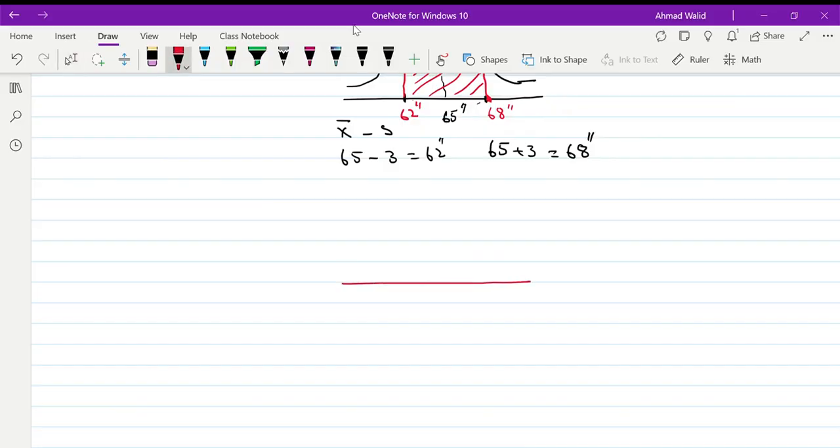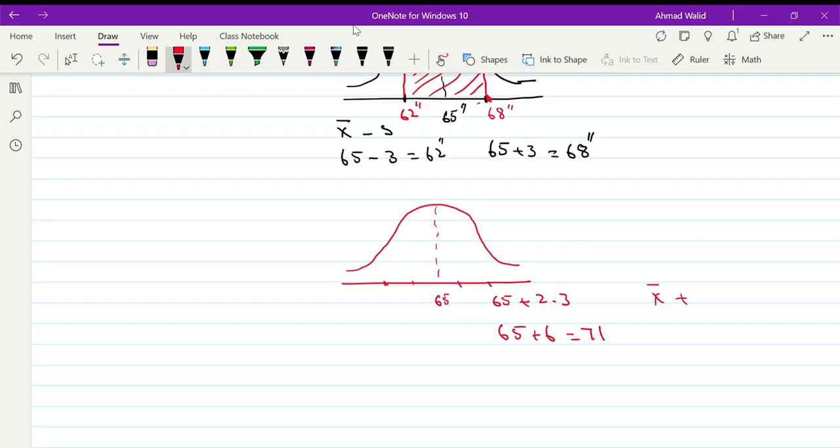Now, if you want to calculate 2 standard deviation away, correct? Again, this is my graph. Here is the mean, which is 65. I want to calculate 2 standard deviation away on the left, 2 standard deviation away on the right. Here will be 65 plus 2s. It means 2 times 3, correct? Which gives you 65 plus 6, which gives you what? 71. This was your formula, right?